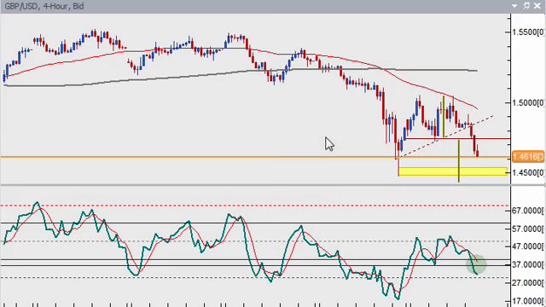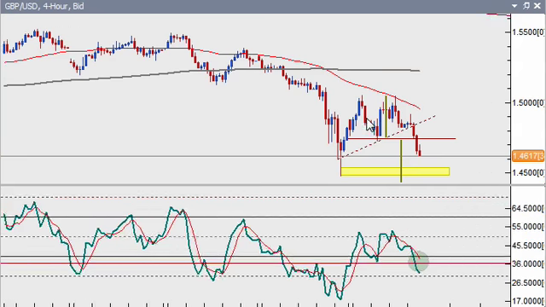Starting with the pound dollar pair, here's the 4-hour look. As we have been following this pair, we saw that it came down below 145, but there was a sharp rejection, almost a 200 pip tail here. And the market went sideways until today, where it broke below this rising support as well as this previous minor low here.